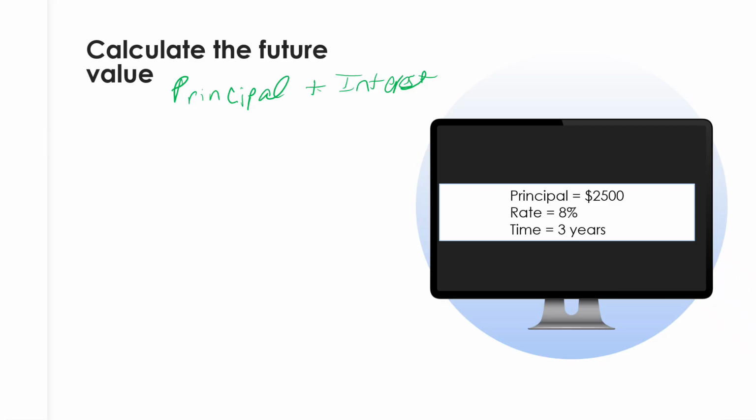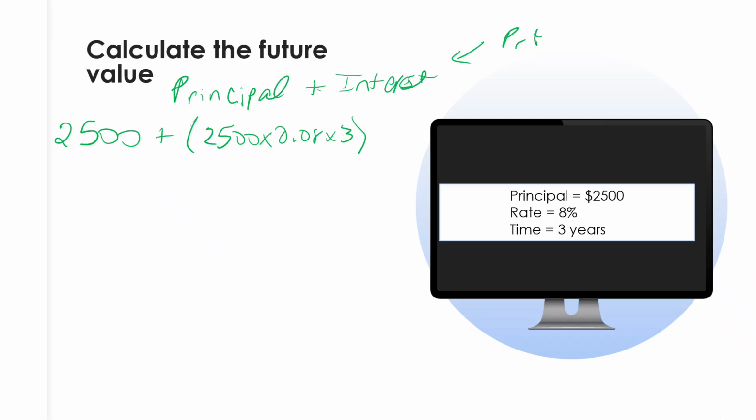We know that our principal is 2,500. And then interest, remember, is PRT: principal times the rate times the time.